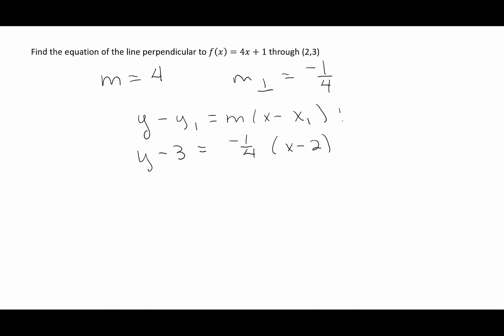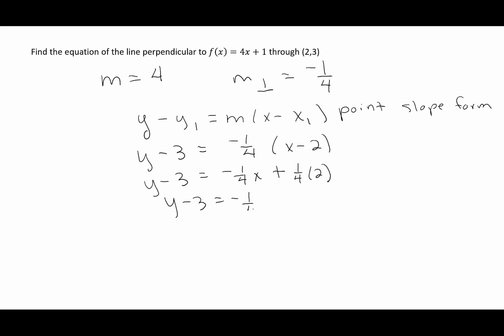Now this is called point slope. I'm going to end in slope-intercept form. So let's write y minus 3 is negative 1/4 of x. I have a negative times a negative, that's positive. Let's write down 1/4 times 2. 1/4 times 2, that's 2 over 4, which we can reduce to 1/2.